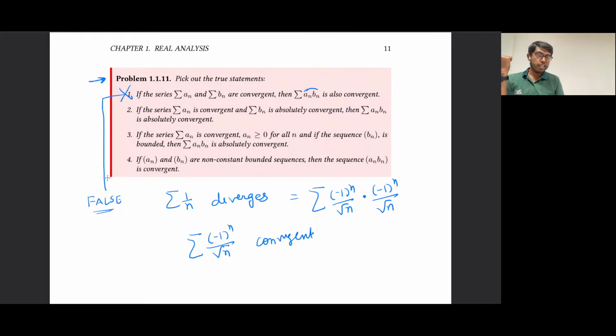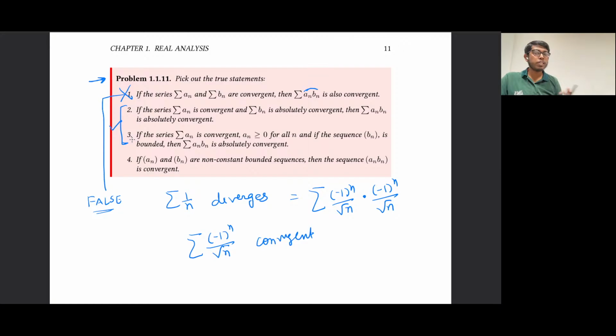The next options, 2 and 3: if the series an is convergent and the series bn is absolutely convergent, then series an bn is absolutely convergent.